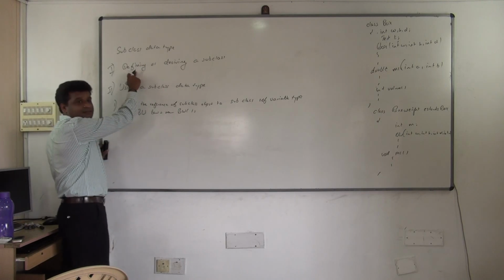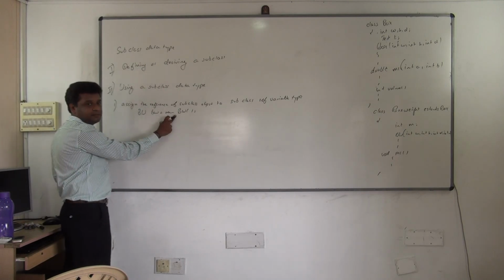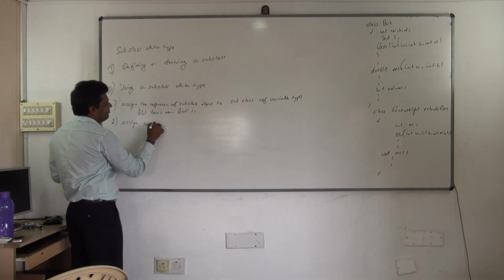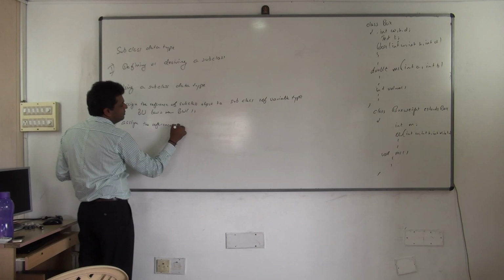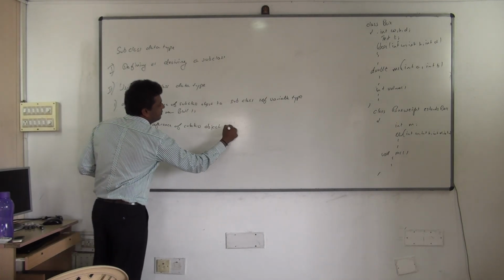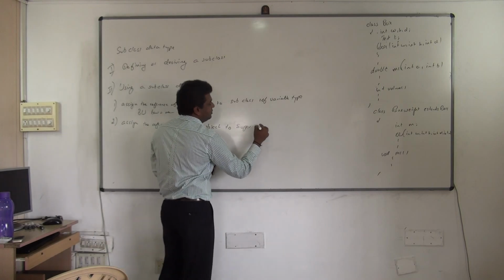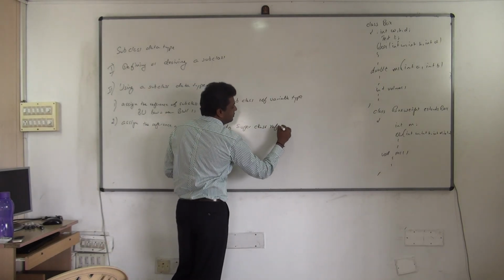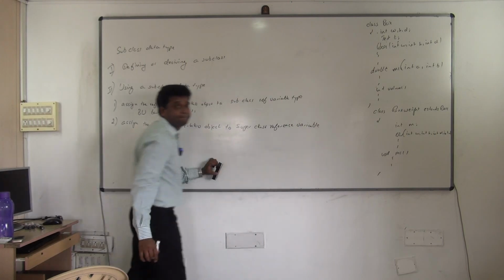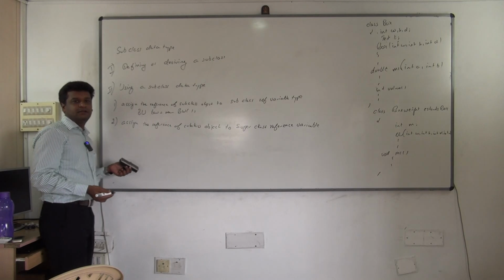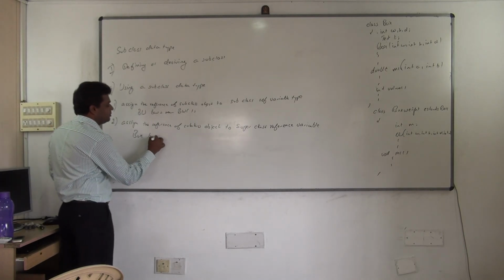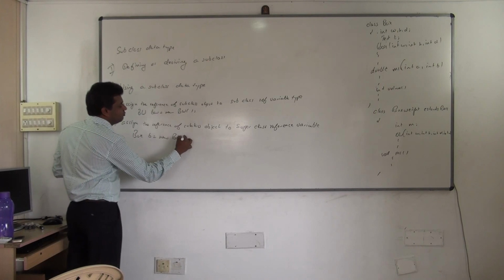After learning this, which are deriving and all that, we learned this step. Then what did we learn? Assign the reference of a subclass object to what? A superclass reference variable. Yes or no? This is what you learnt. Again it's about using only. We are learning how to use a subclass data type. Example for this is Box B is equal to new BoxWeight.